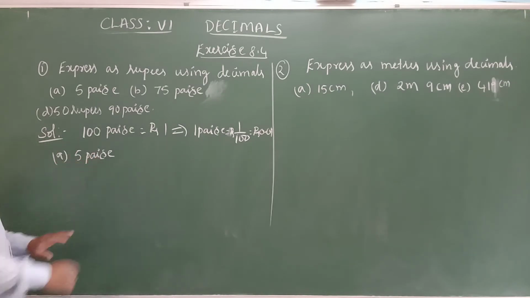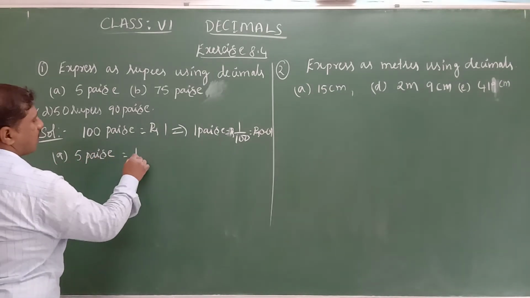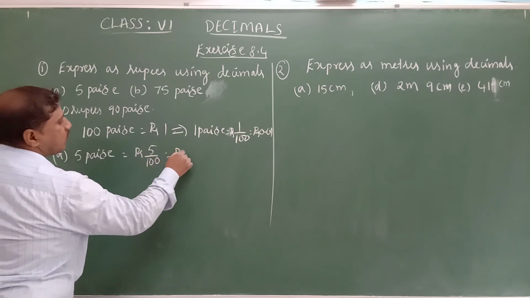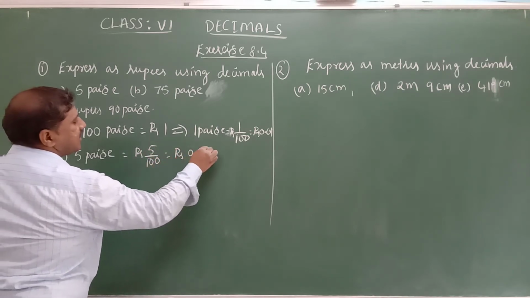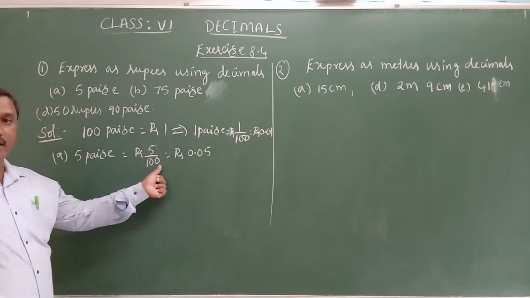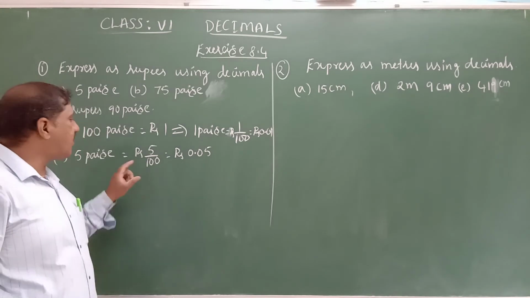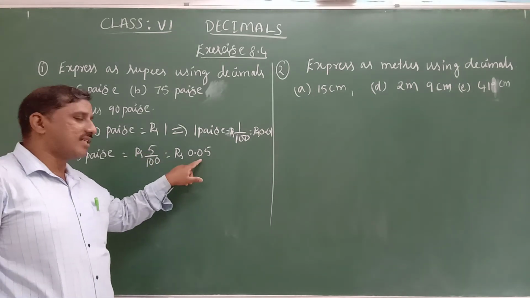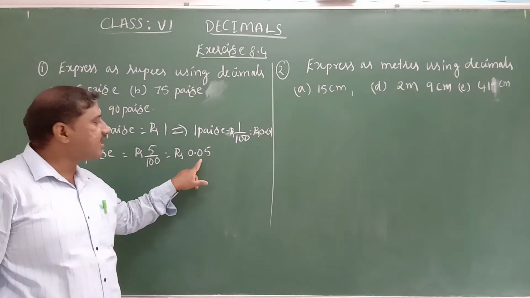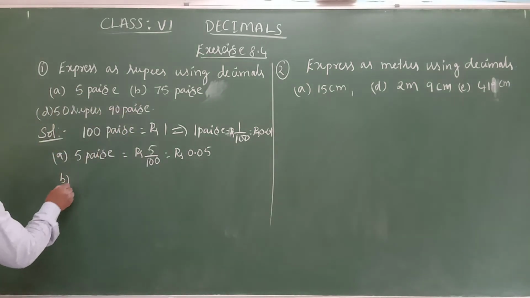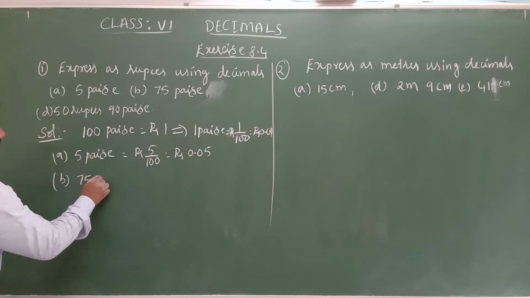Now 5 paise is equal to rupees 5 by 100, that is rupees 0.05. In the denominator we have two zeros, so keep the decimal point after two digits. We have only one digit, so the second digit will be 0. It is 0.05 rupees.